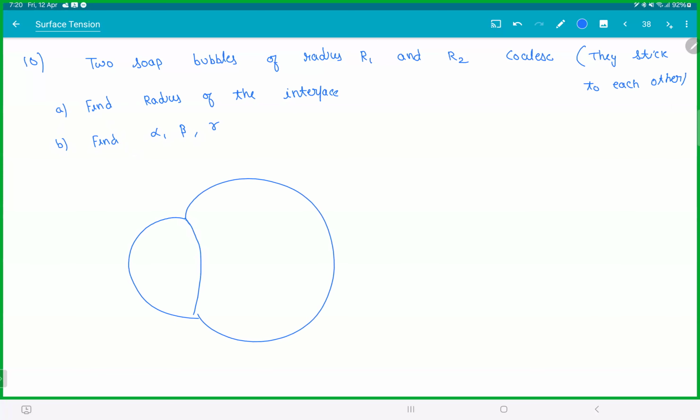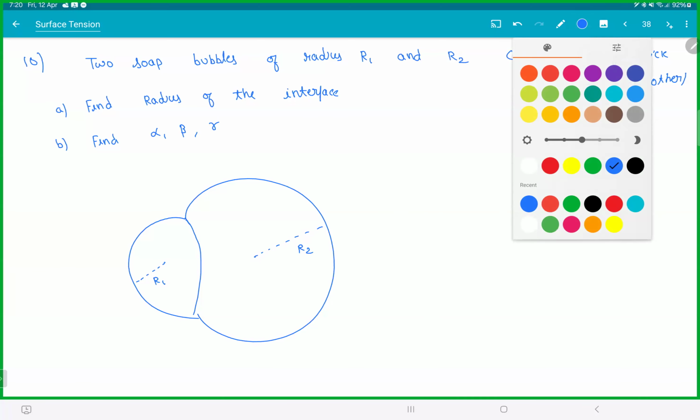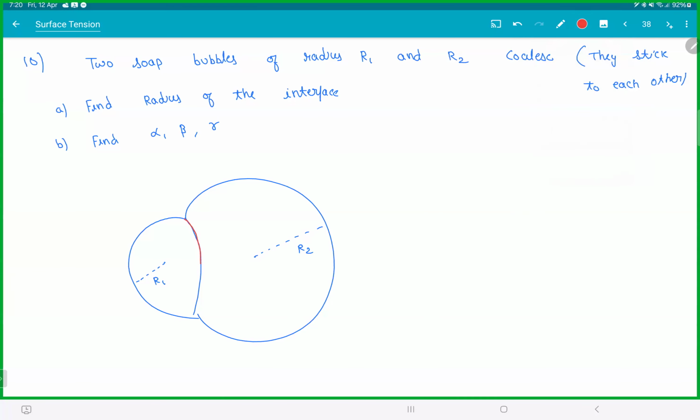Like this. So two soap bubbles got stuck like this. This radius is R1. This radius is R2. This is your interface. So this also will have its own radius.